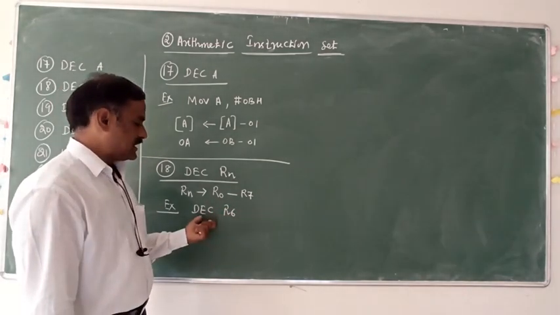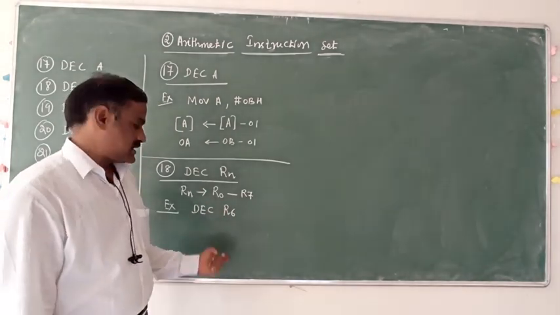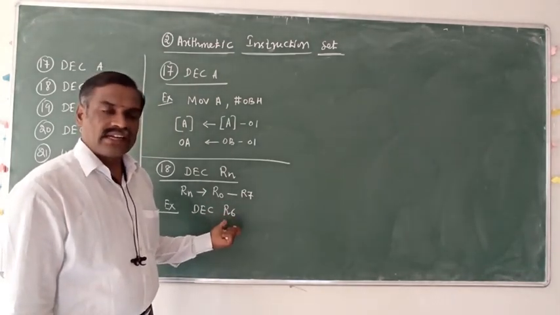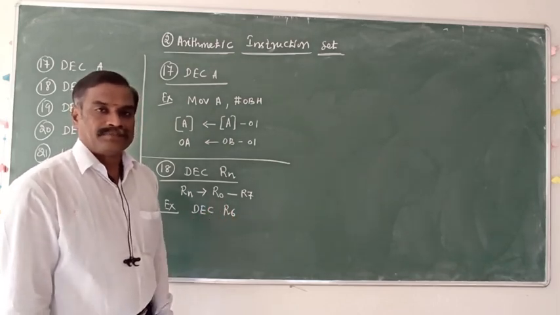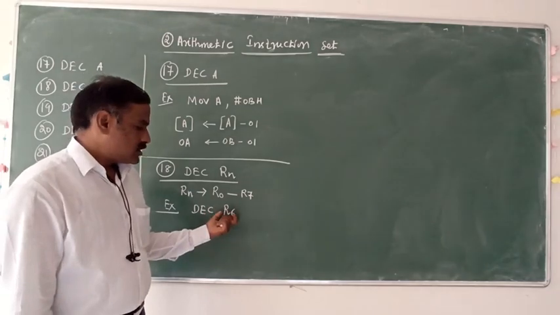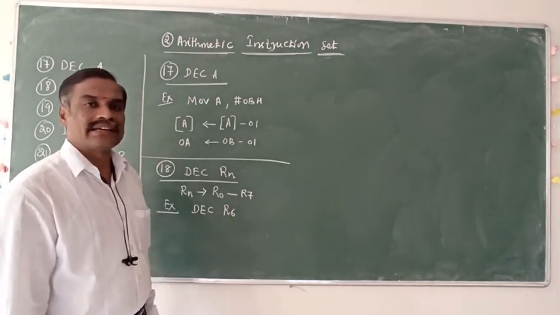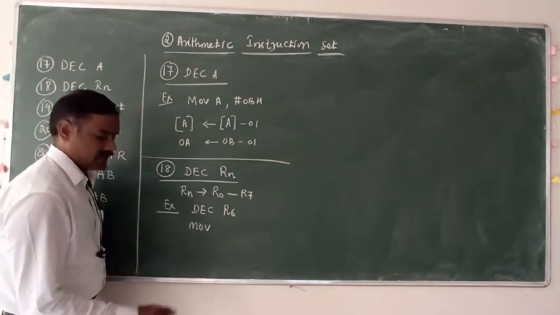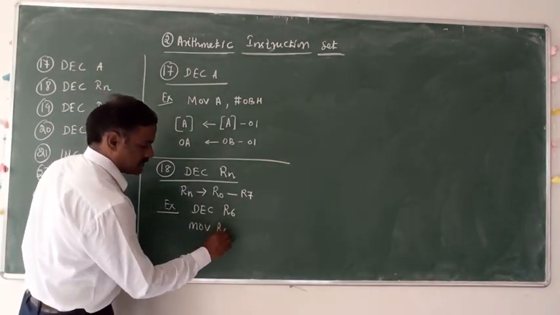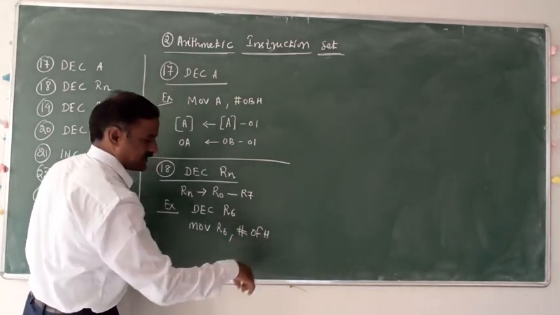Now to decrement the R6 register data single times and the result to move to the given R6 register itself. Okay, first we have to initialize what is the data in R6 register. For that we can use MOV R6, #0F.